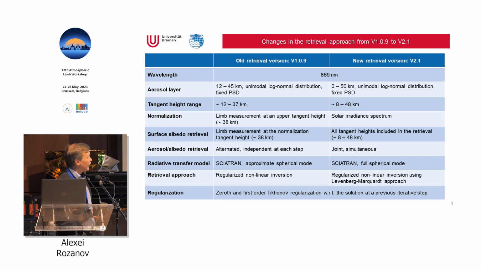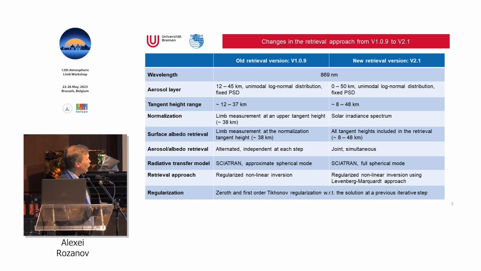I will discuss it in more detail in the next few slides. The aerosol layer was at 12 to 45 before, now it's 0 to 50, with the same log-normal distribution as before. The tangent height range was also extended from 12-37 to 8-48.